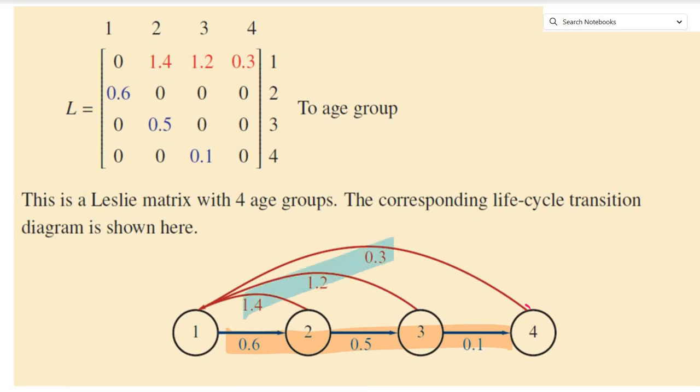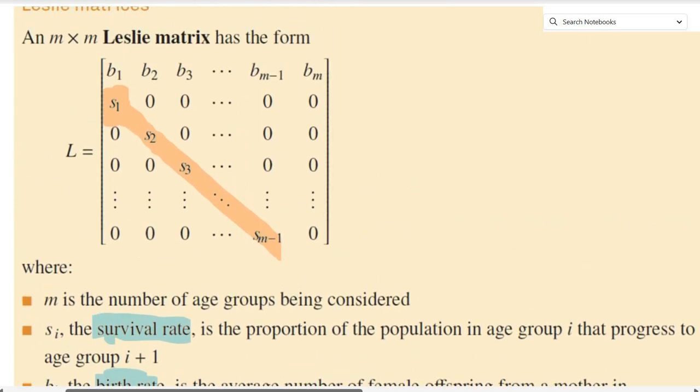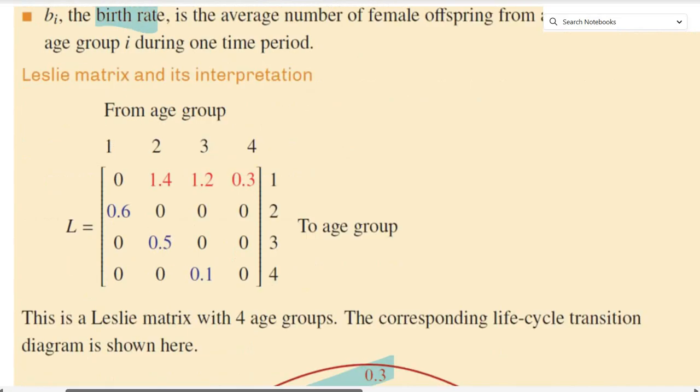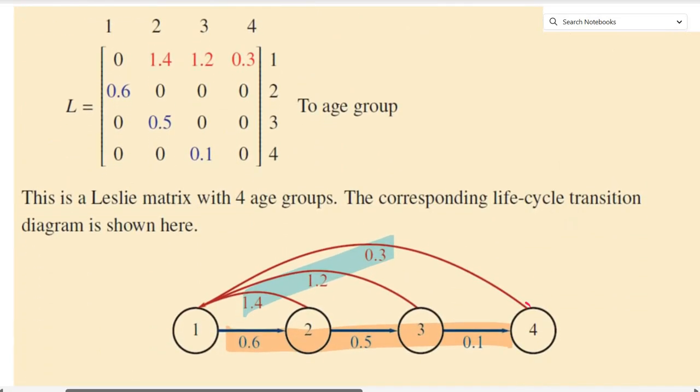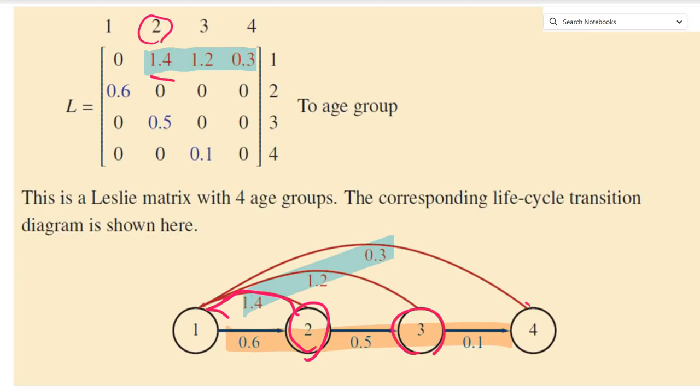The birth rate goes across the first row. For this particular example, you can see the birth rates are here. From stage 2, the birth rate is 1.4. From stage 3 of your life, the birth rate is 1.2, and so on.